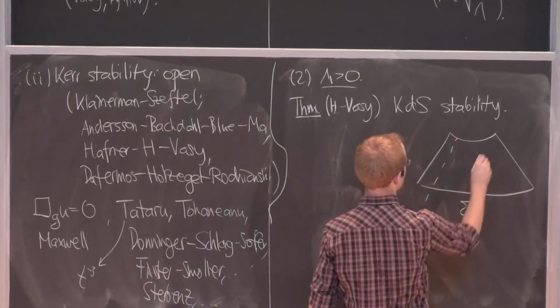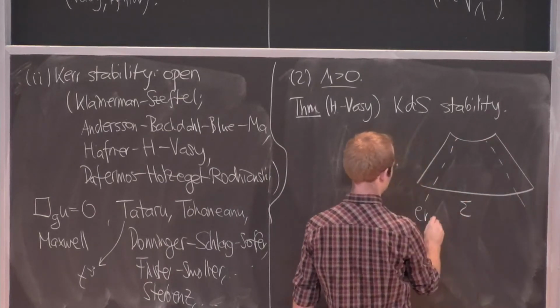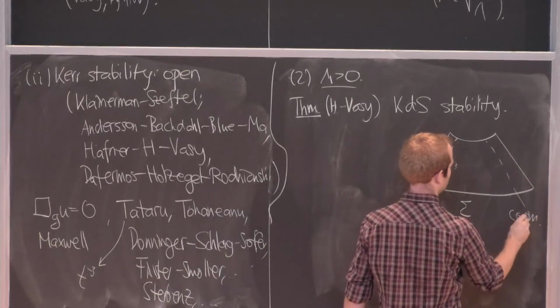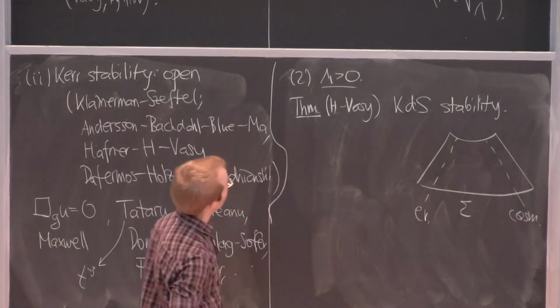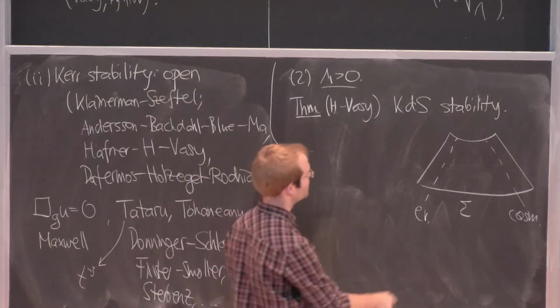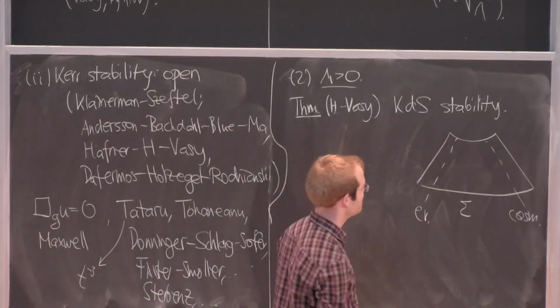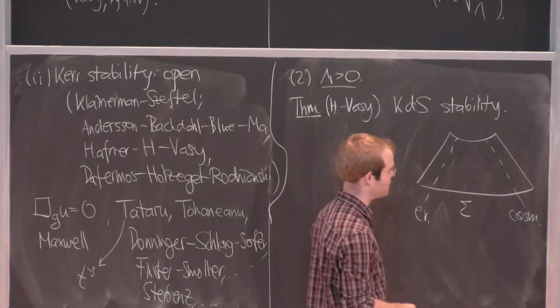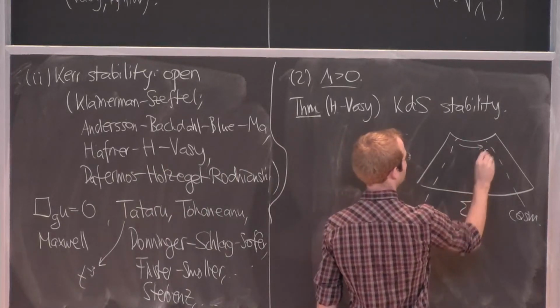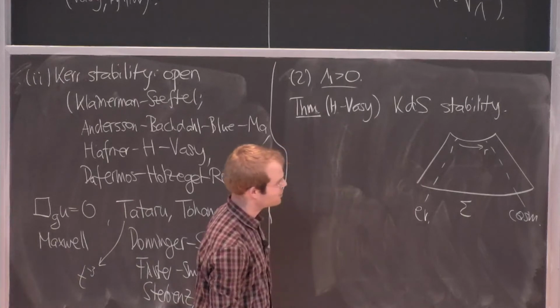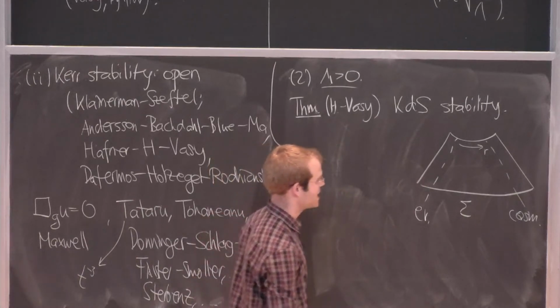OK, so again, you have the event and cosmological horizon here and here. And notice that I sneakily drew it in a blown-up fashion, right? This is the same picture that I drew yesterday a few times for the blown-up de Sitter space. And the reason is that this way it actually looks exactly like the space on which we did analysis yesterday.